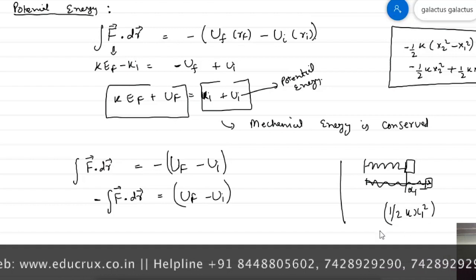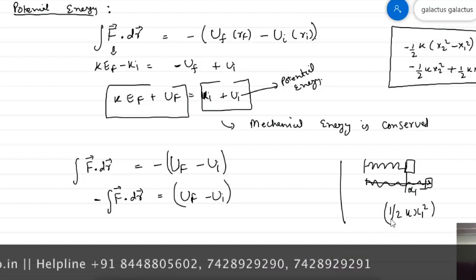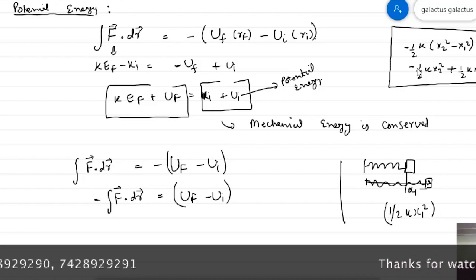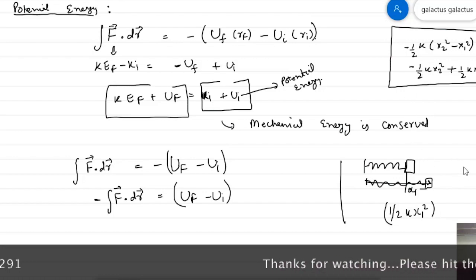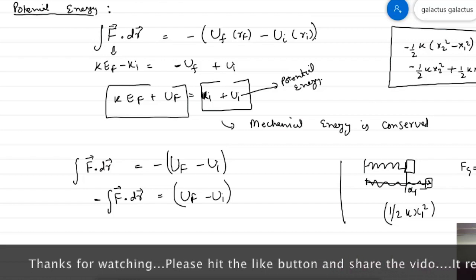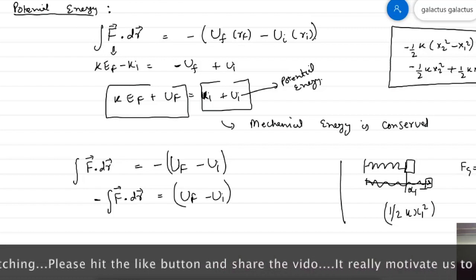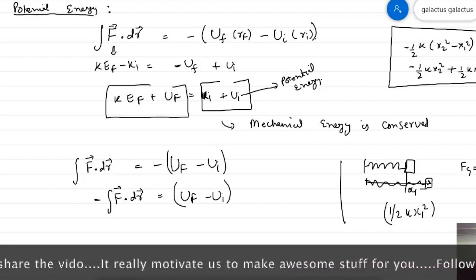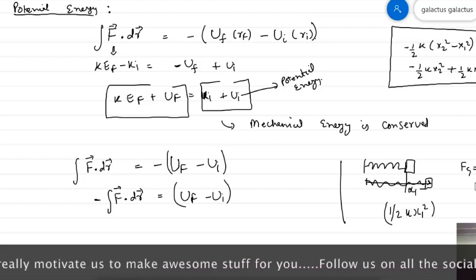Okay, so the potential energy that is stored in the spring when I elongate is half k x1 square, and we can see from the formula that the work done by the spring force was minus half k x1 square minus 0.